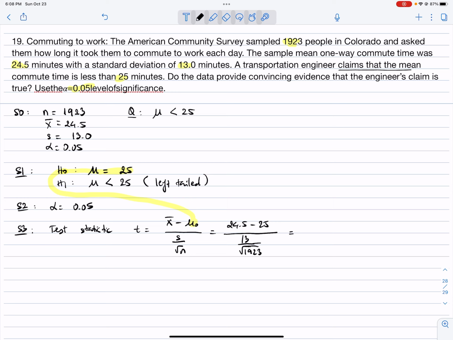The square root of 1,923 gives you 43 point something, and we multiply by negative 0.5 on the top, divide by 13, so we get negative 1.6866. I'm going to round it to 3 decimal places.